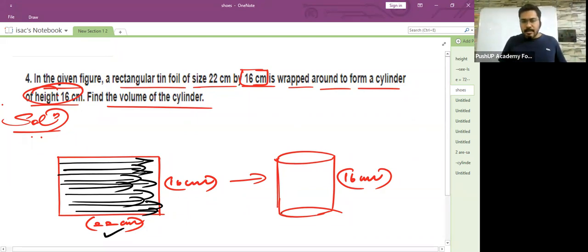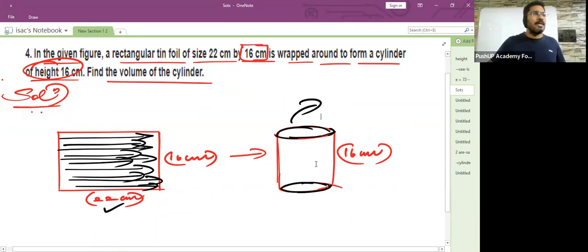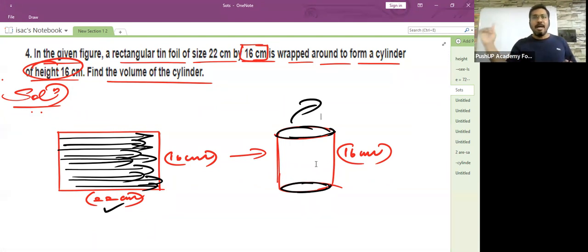Now children, can you tell me what will be the circumference of this cylindrical shape? It will be equal to the length of the tin foil, isn't it? Because you wrapped the tin foil along the length. So that length got converted into what?